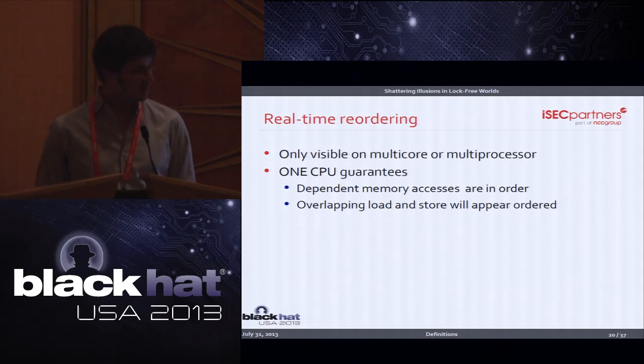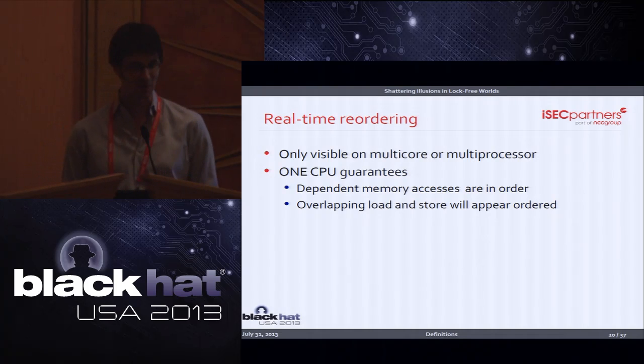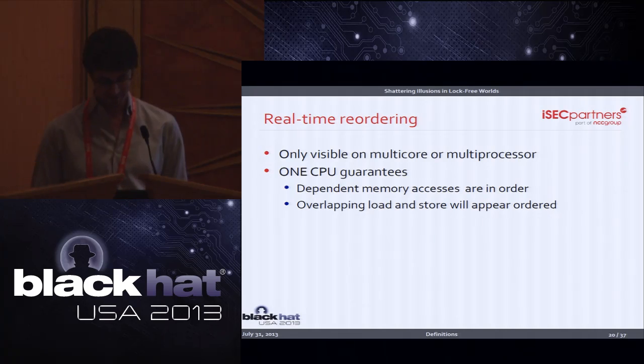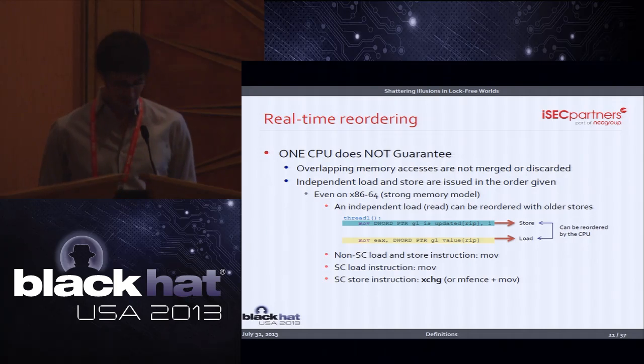So let's talk about hardware reordering. There are a number of guarantees one CPU has to provide for a single thread to appear sequentially consistent. The main one is that dependent memory accesses are done in order, which makes sense. But it is not a guarantee that independent loads and stores are done in order, which again is fine for single-threaded code, but can create issues if more than one core is involved.